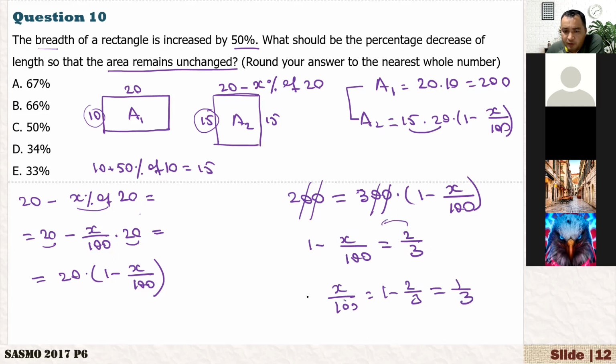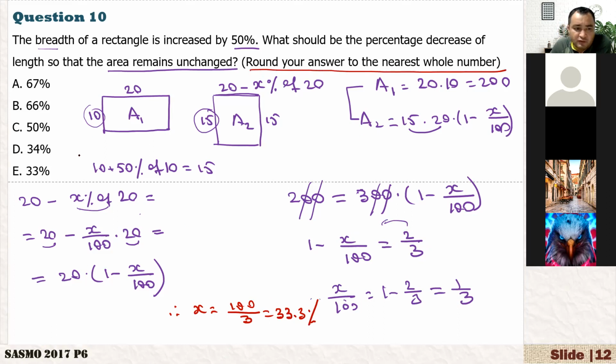Now multiply both sides by 100, and we get X. X is equal to 100 over 3, that's equal to 33.3%. It says to round your answer to the nearest whole number, so that's equal to 33.